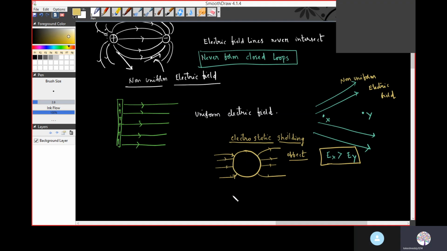To protect it from the electric fields outside, the electric fields cannot go into the hollow part. The electric field will be equal to 0 here.